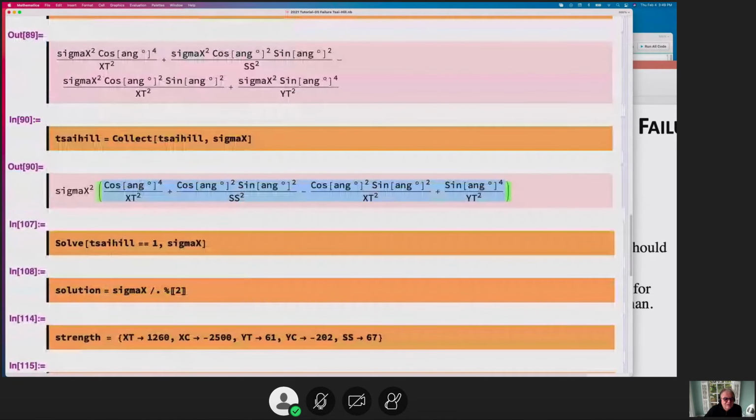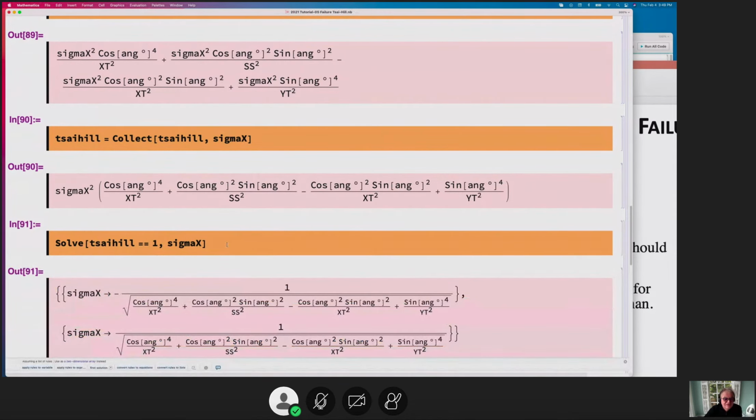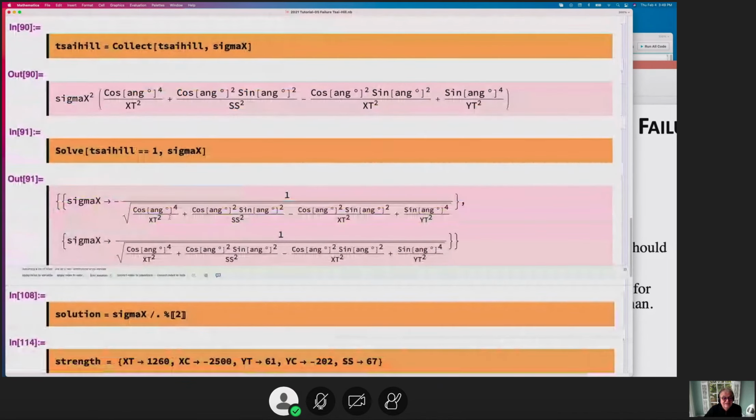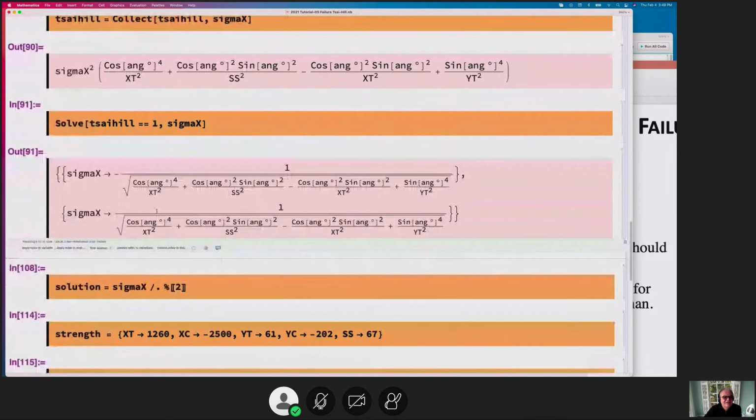Then I can solve psi Hill equal to 1 for the value of sigma x. I'm basically defining the value of sigma x here when I equate this whole thing to 1. So this is the failure value of sigma x, depending on the XT's and the orientation angles.